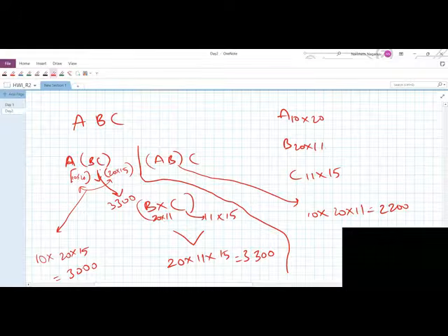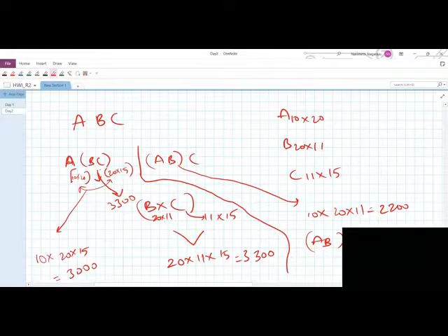And to multiply AB with C, when we solve A and B, the resulting answer will have this 20 and this 20 cancelled, so 10 cross 11, and C has 11 cross 15.